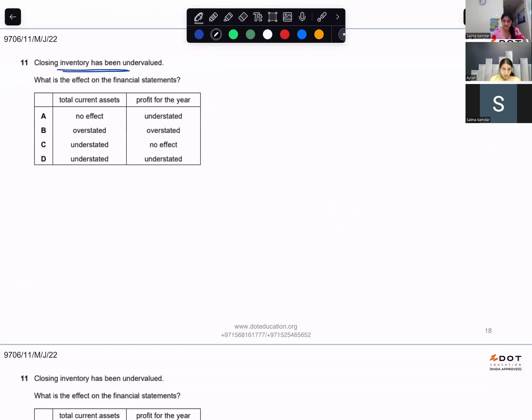Next one. Closing inventory has been undervalued. What is the effect on the financial statements? Closing inventory is treated as income. If it is undervalued, that means income is understated, so profit will be understated.